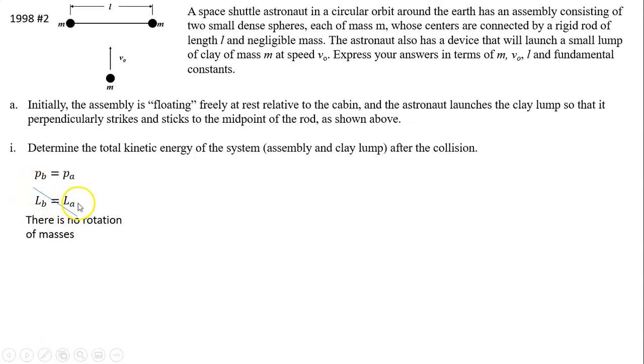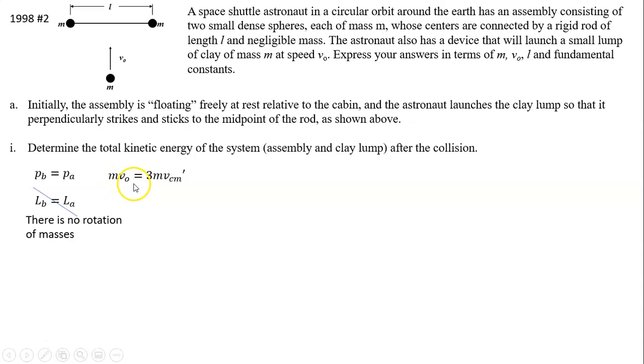So L before equals L after tells us no information, because before equals 0, after equals 0, there's no rotation. So we need to find the linear momentum before, which has to equal the linear momentum after. From there, we can find the velocity of the whole system after the collision, and from that velocity, the total kinetic energy.